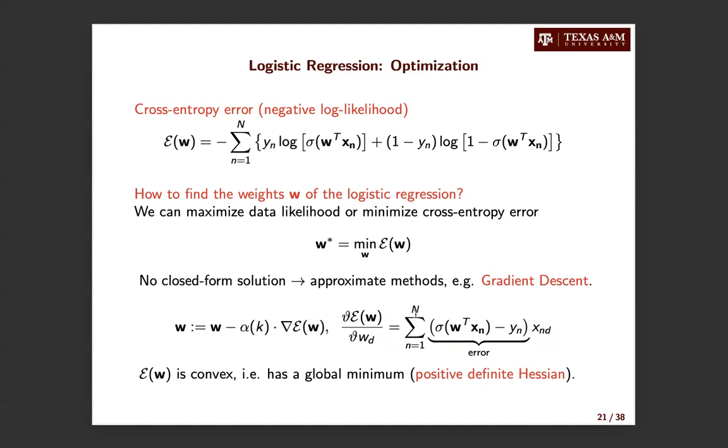So next, we are going to derive this first order derivative, which is the actual computation of the first order derivative. And we are also going to show some details on how this cross-entropy error is actually a convex function.